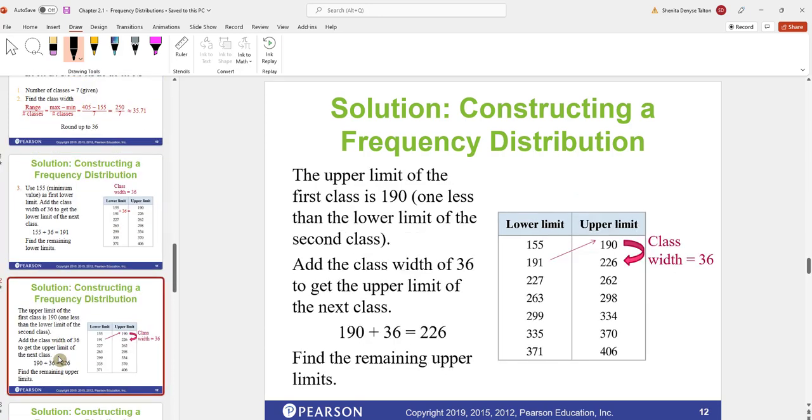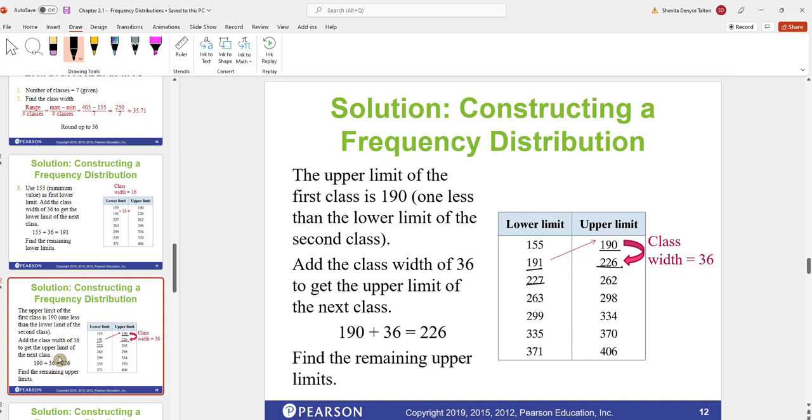To figure out the upper limits, you're going to take one less than the lower limit of the next class. So I know this lower limit is 191, so that means my upper limit here must be 190. You just go one back. Okay? And as you can see, this lower limit is 227, so that means this upper limit is 226.